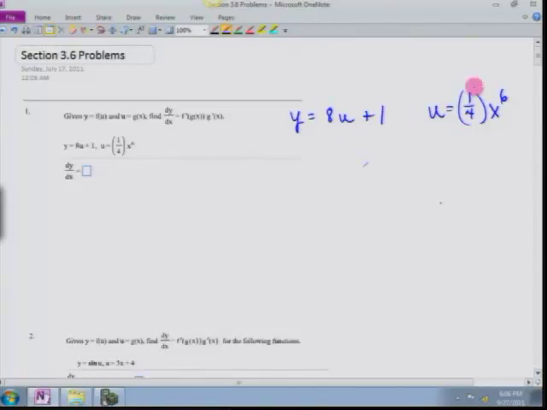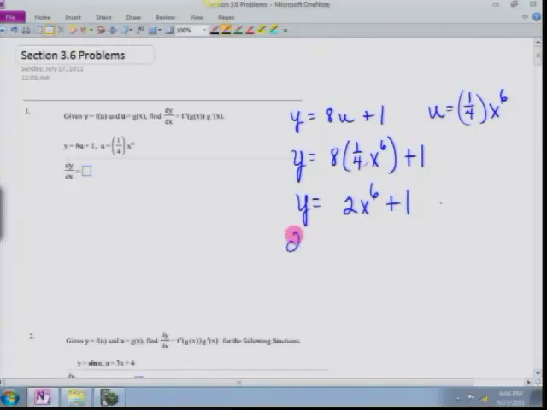It's saying, let's go ahead and put u in here. So really we have y equals 8 times 1/4 x to the 6th plus 1. So what does that give me? 2x to the 6th plus 1. And then dy dx would be what?